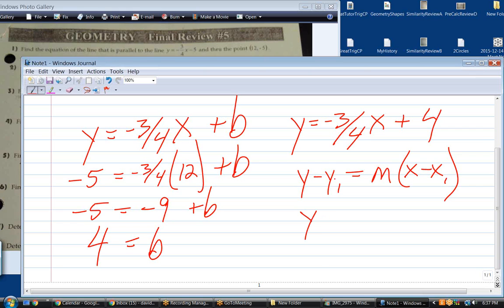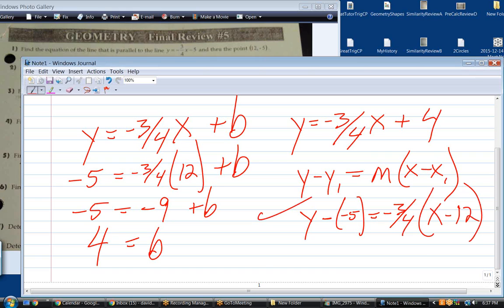So my y sub 1 is minus 5, my slope, I knew, is minus 3/4, and my x sub 1 is 12. There's my equation in one step. Done. So using point slope is actually quicker than having to go through this and solve for b.